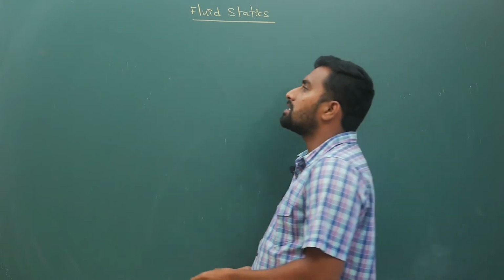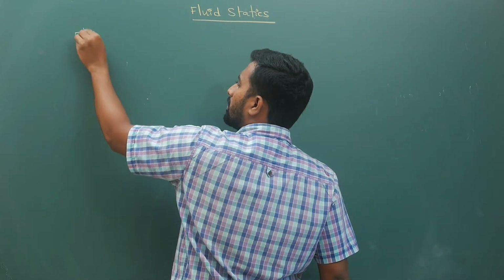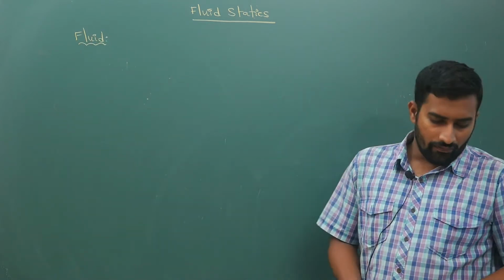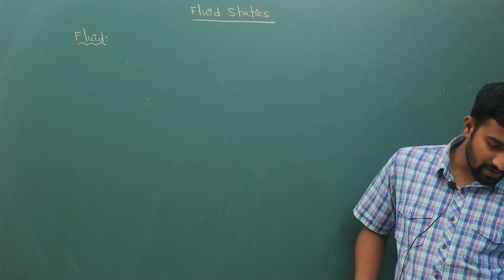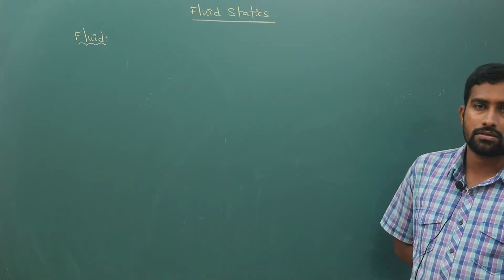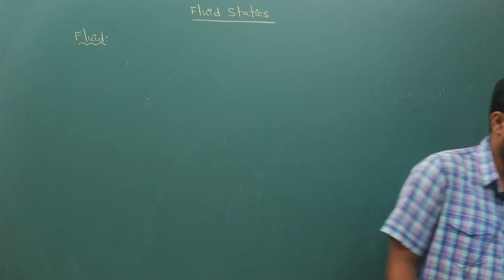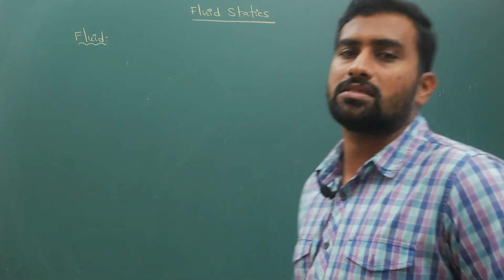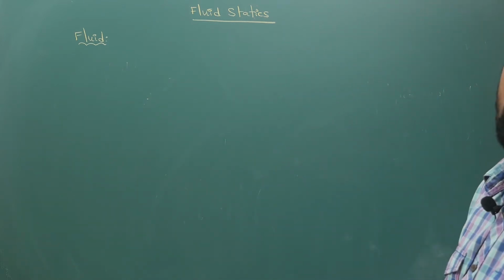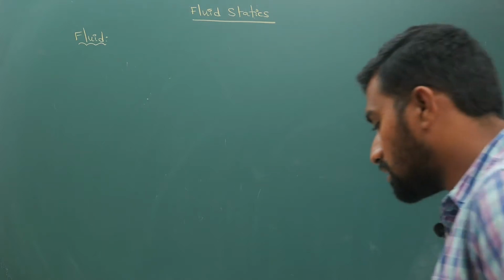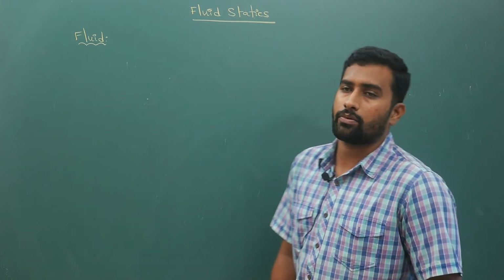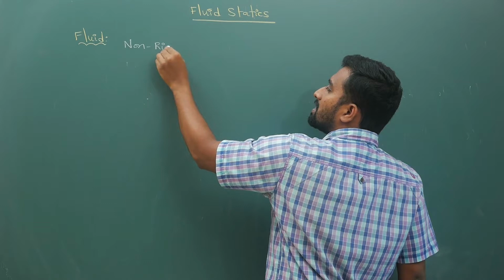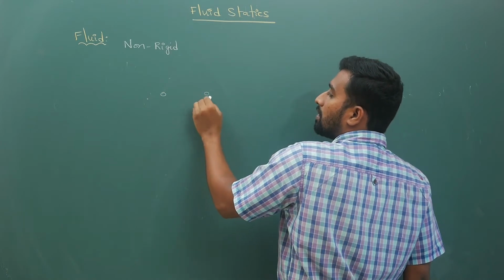Now, what is meant by fluid? First, you need to understand this word. Your fluid definition is that it is a non-rigid system of particles which flows or moves because of its own weight. Getting my point? It is non-rigid. Rigid means the distance between two points of the body will remain constant.